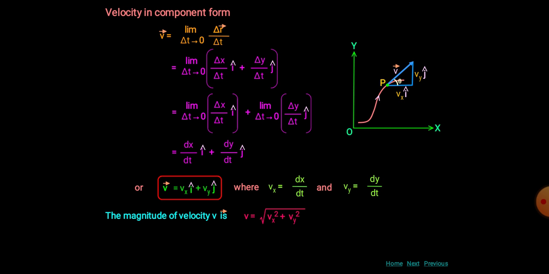So here we have taken 2 axes. So the magnitude of velocity is v is equal to root of vx square plus vy square. Here the direction of velocity v, you can write from the figure, tan theta, that is vy upon vx. We can write the equation for theta, that is tan inverse of vy upon vx.